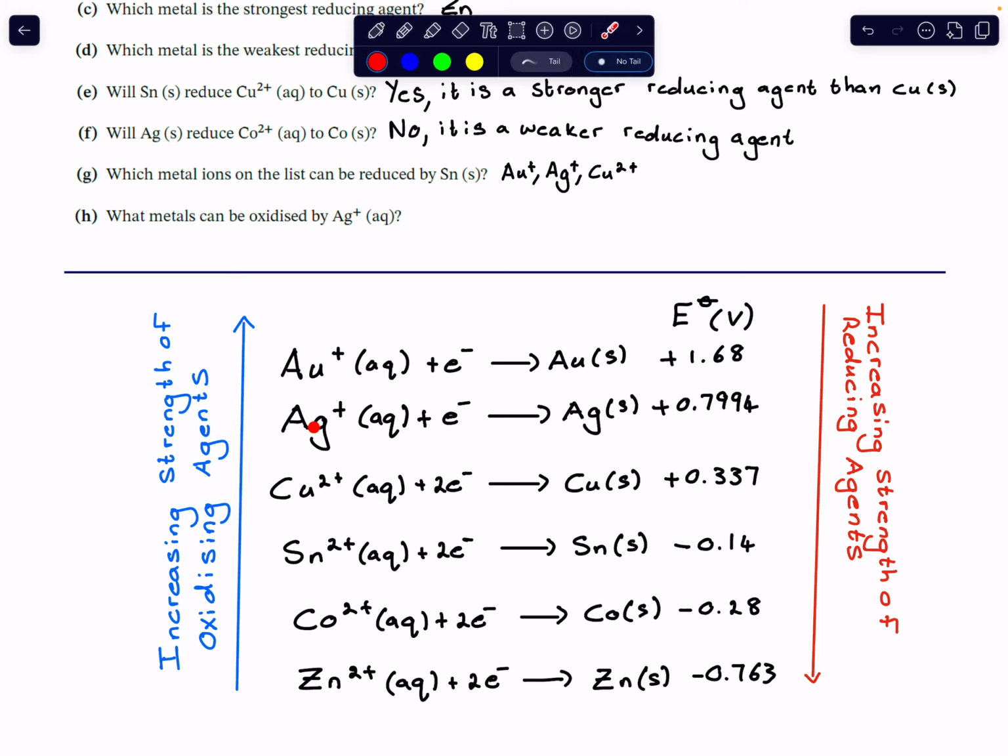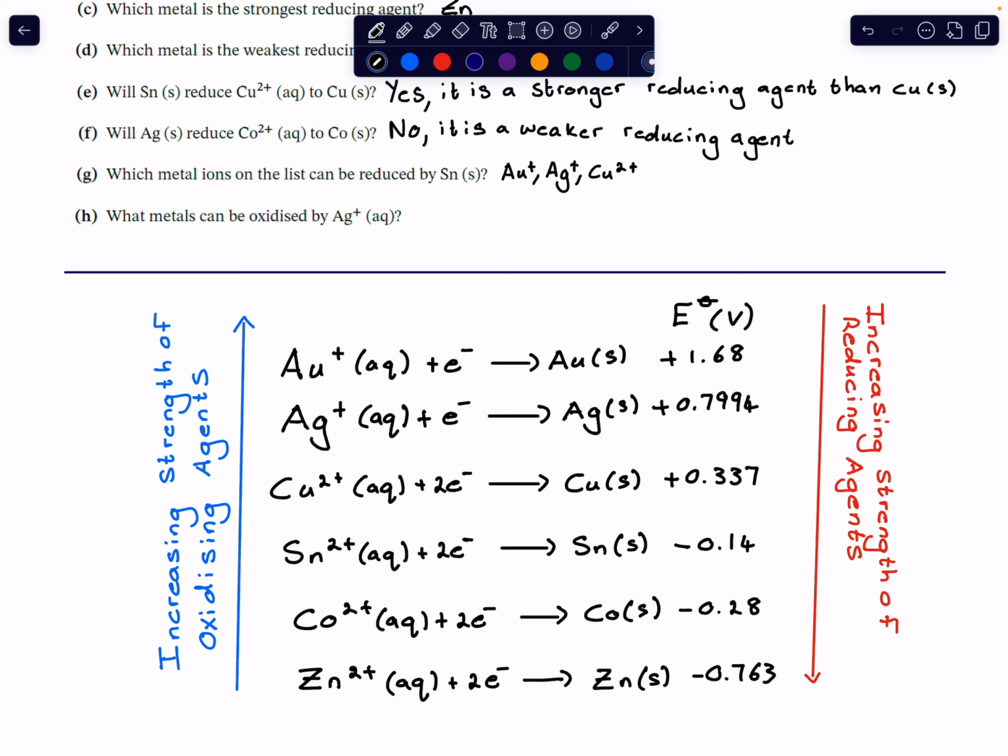And which metals can be oxidized by silver plus? So silver plus can of course oxidize anything that is below it, because it is a stronger oxidizing agent than anything that is below it.